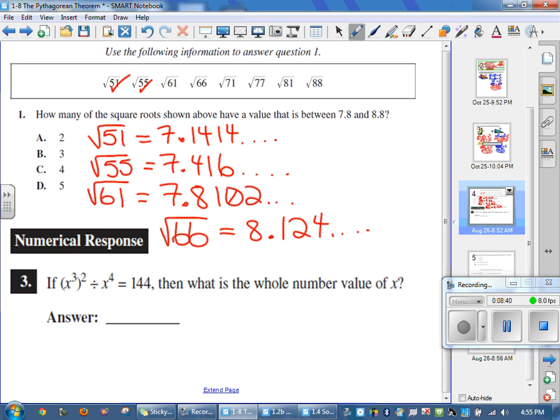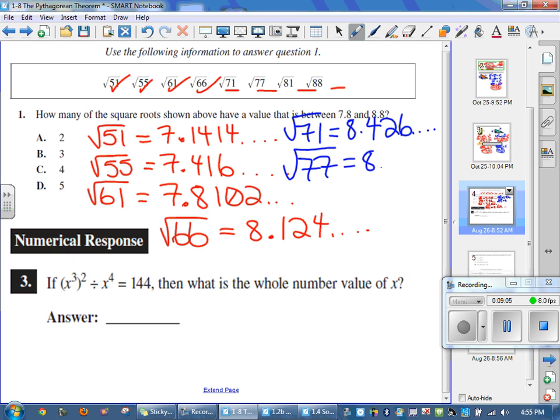Now I've got the last 4 numbers to deal with. So for the last 4, we do the exact same thing. I'm going to take the square root of 71, and that's going to give me 8.426, and so on. Then I take root 77, and that's going to give me 8.7749, and it runs on.